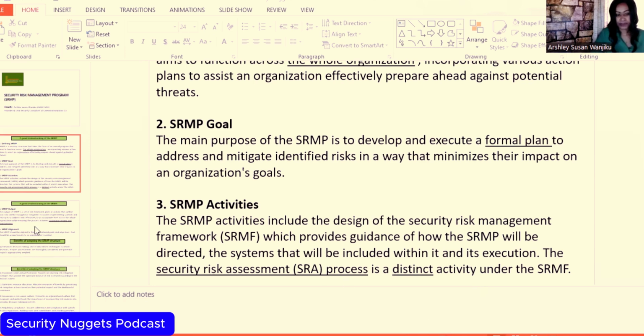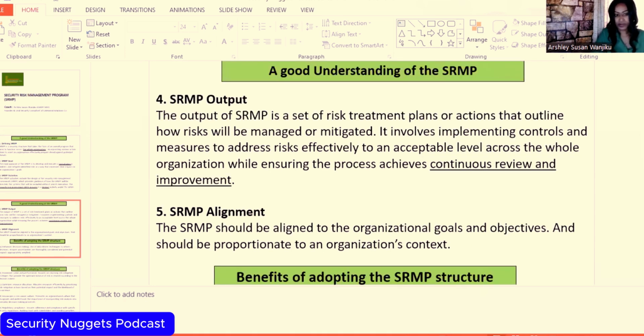Moving on, point 4, the security risk management output. In simple terms, what should be the expected end result of the security risk management program? What should we hope to get at the other side of it when we are finalizing its execution?